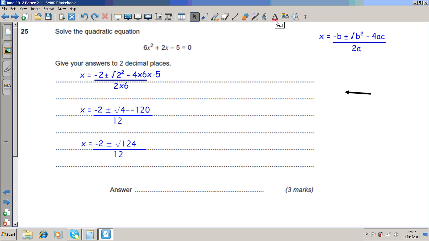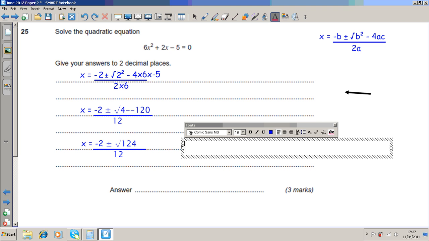Okay, and now on our calculators, we're going to do the work. So minus 2 plus square root of 124, divided by 12 is 0.7612946.